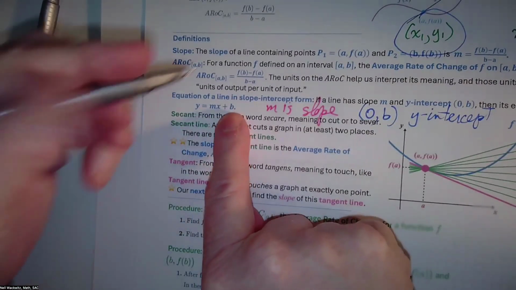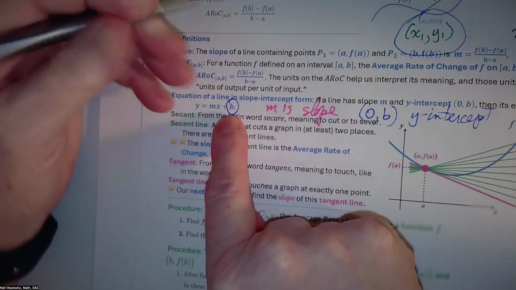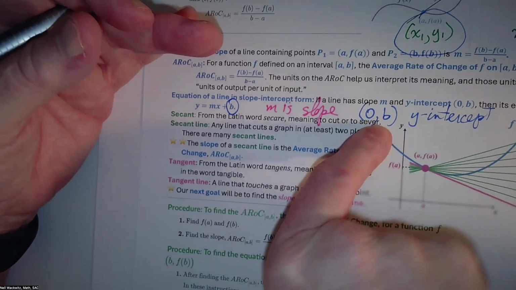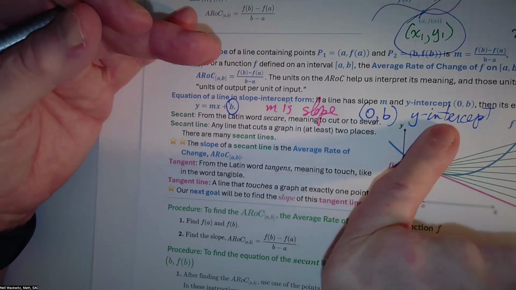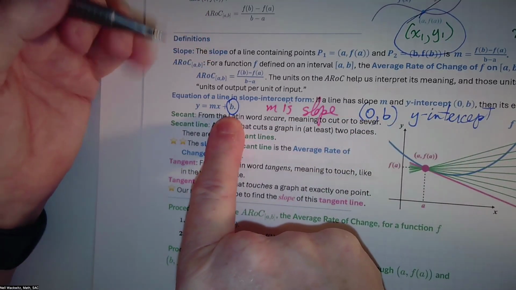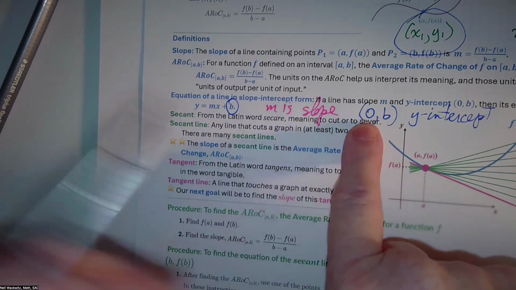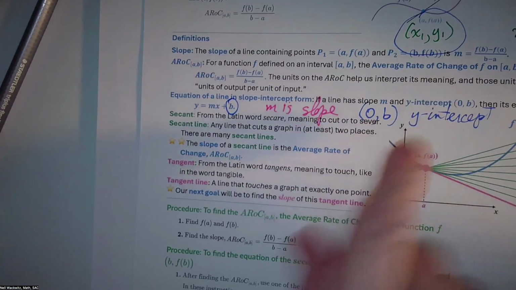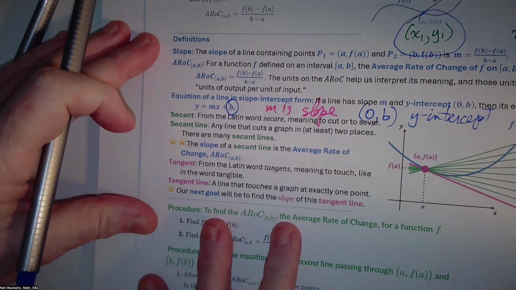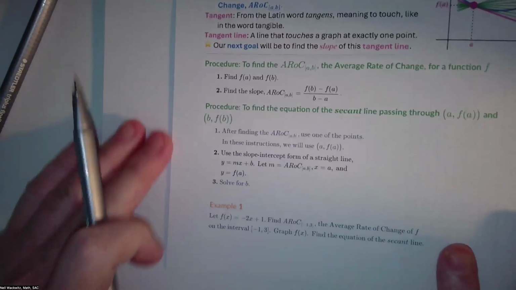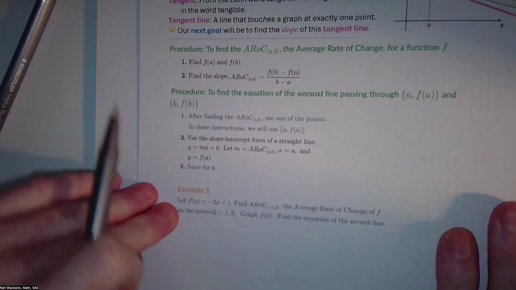Remember, b is a number. A y-intercept is a point. 0 comma b is the y-intercept. b is the number that y has to take on when x is 0. So we have to have both of those. Okay, so now we're ready to look at our procedures and proceed.